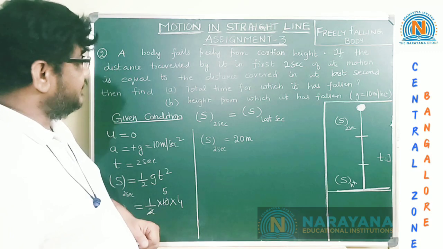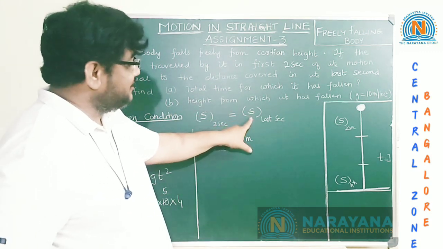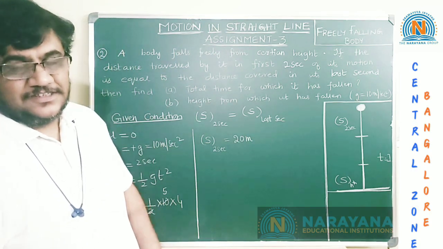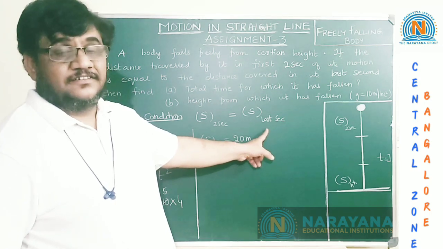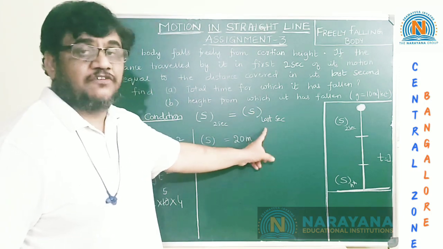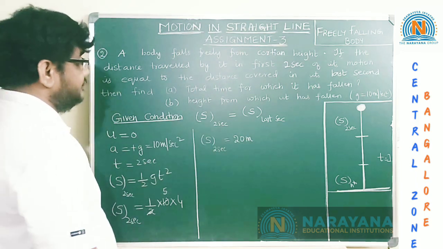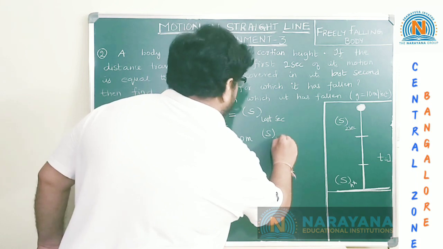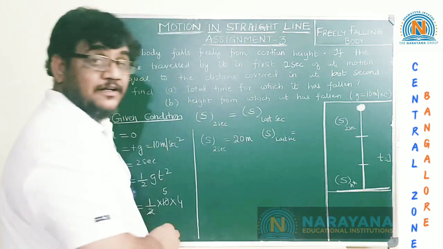Then what he has given, this distance is equal to the distance travelled in the last second of its motion. So distance travelled in last second is related to the fourth equation of motion. What is the formula?